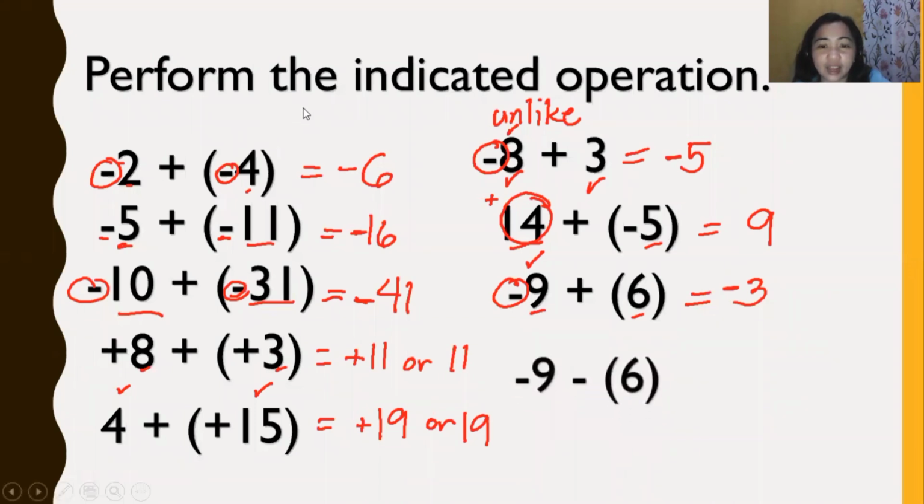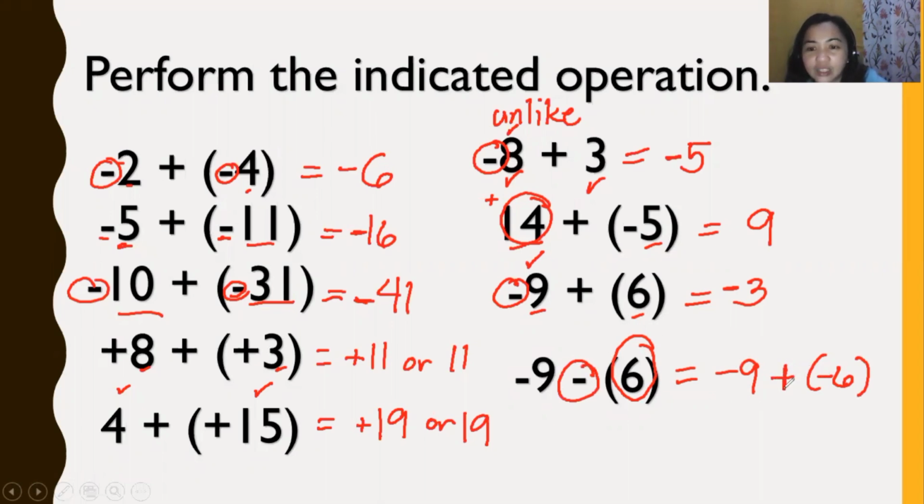And we have here negative 9 minus 6. So subtraction naman tayo. In subtraction, first is to change the sign of the subtrahend. Pero kopyahin muna natin si negative 9, at ang subtrahend natin magiging negative 6. And then change subtraction to addition.